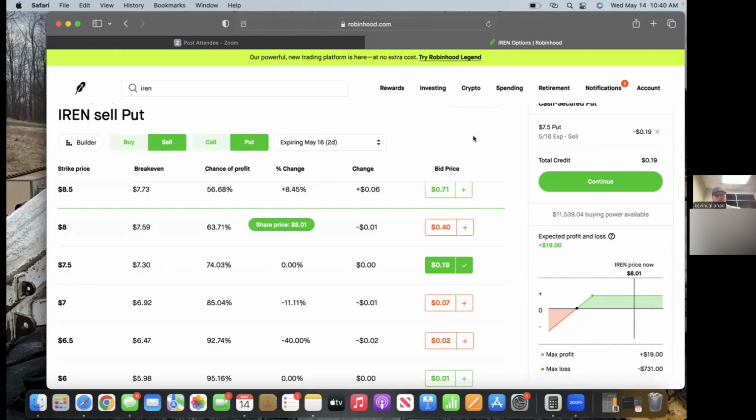Sell put. So just curious, Anthony, my overall understanding of options so far, where would you rank me? Intermediate. Better than a beginner, but intermediate still.